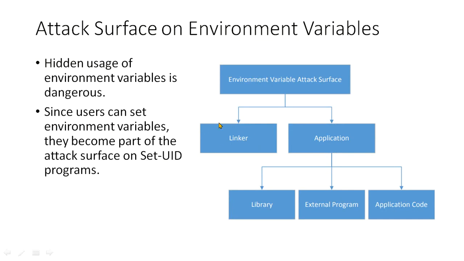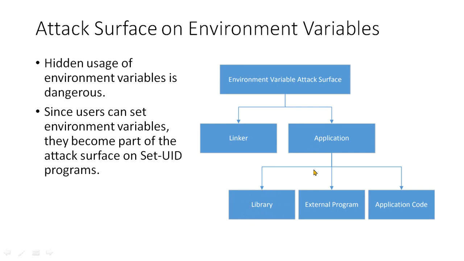We finished with the dynamic linker. Now we try to attack other parts of the application. In the first case study we also already tried to replace the system library with another library.